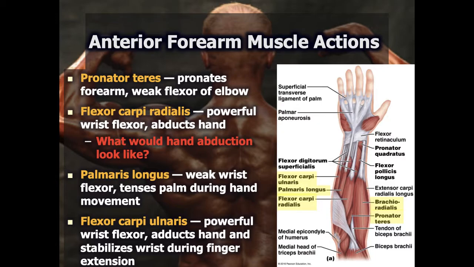Okay, and these are named based on the bone that they are laying on top of, the bone that they connect to. Okay, so on your arm, which one is your radius side? Your pinky or your thumb? Thumb. Thumb is radius. Your pinky is ulna. Okay, so we have flexor carpi ulnaris.